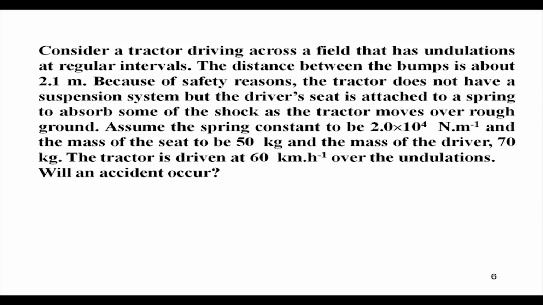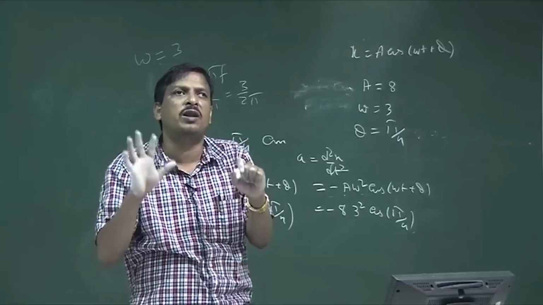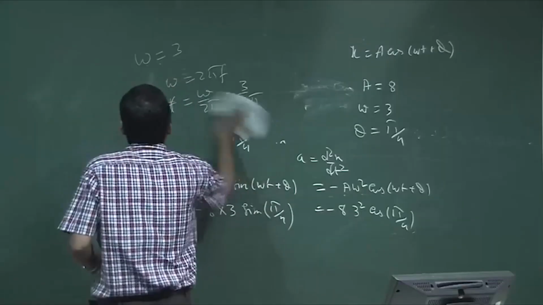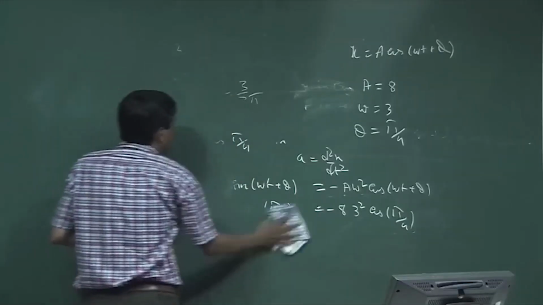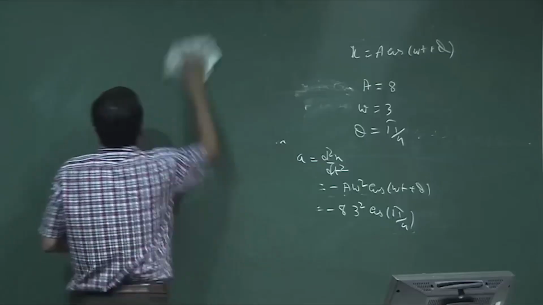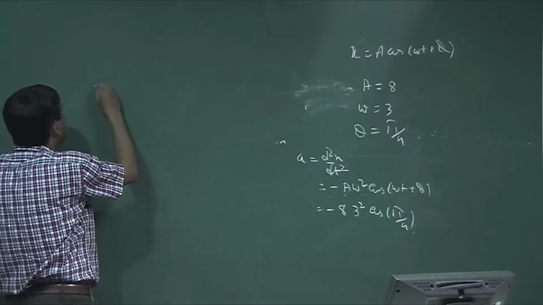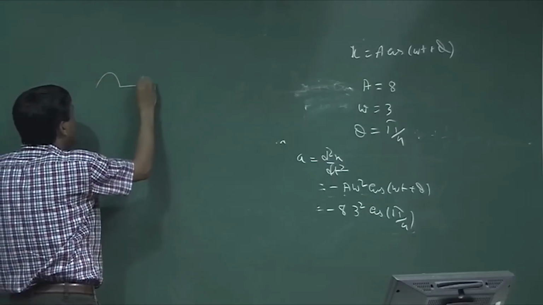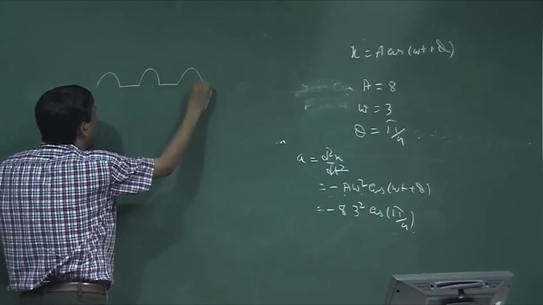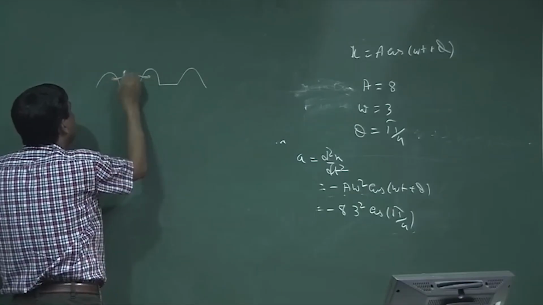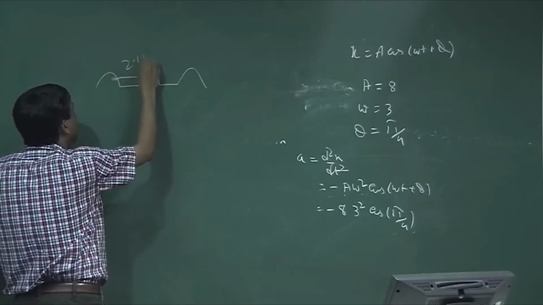So, after reading that statement of the problem, what do you understand? That there is a tractor which moves across a road or a field which has one bump, another bump and another bump, and the distance between two bumps is 2.1 meter.